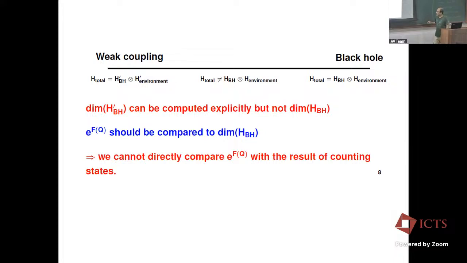So what we want to do is compare e to the FQ, the entropy, with the dimension of HBH, because that's what the Hilbert space of the black hole is. So you cannot directly compare something that you can calculate from the black hole side with something that you can count, which is the dimension of this. And so this requires doing a little more trick.